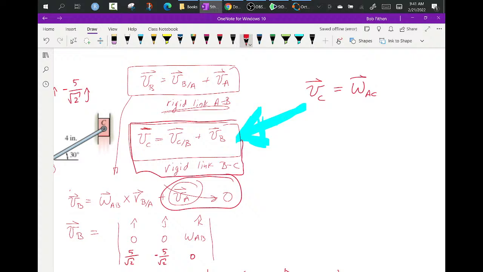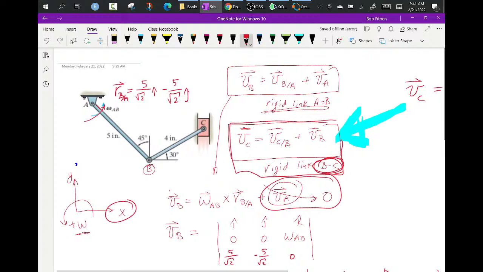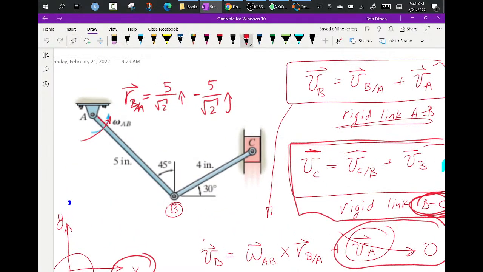You're on link BC. So you're existing now on BC. So effectively, you've got two different links and two different omegas: omega BC, omega AB, and they may not be necessarily equal.